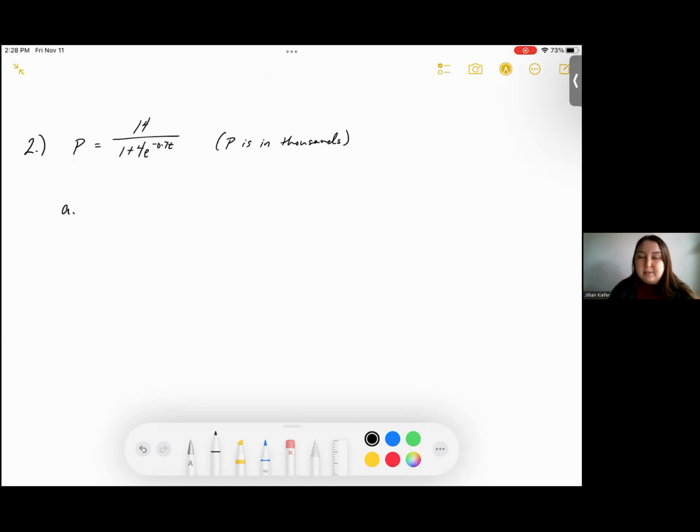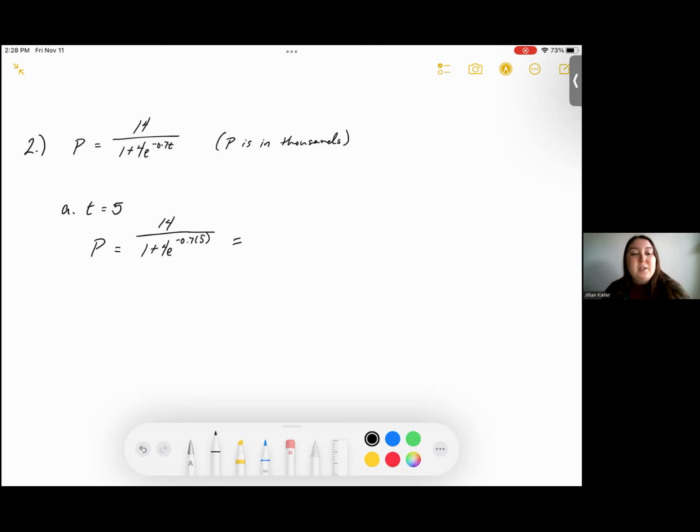So we want to know what P is when t is equal to 5. We'll plug in 5 for t and find our population. So P is equal to 14 divided by 1 plus 4e to the power of negative 0.7 times 5.